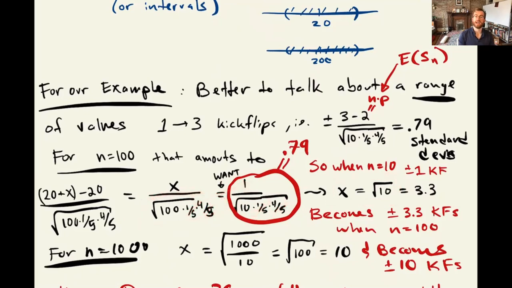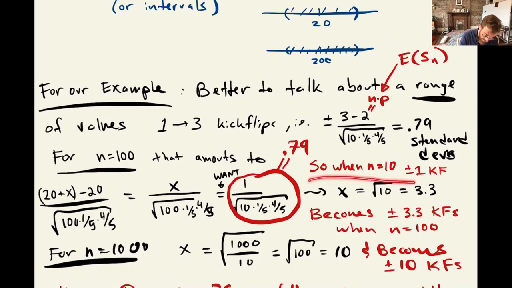So that tells me that since I've increased the number of tries by a factor of 10, my window of possibilities should go up by the square root of 10. We kind of referred to this in passing when we talked about the square root law, when doing the law of averages, which is essentially that uncertainty propagates as something like the square root of n. Or when we're doing empirical averages, it ends up being like 1 over that.